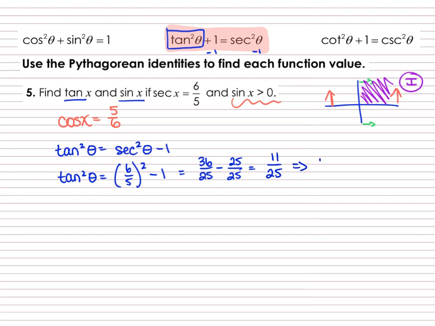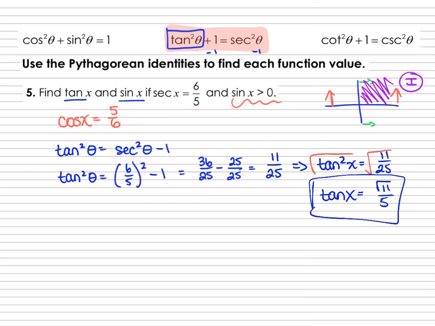So tangent squared of x equals 11 over 25. To solve for tangent, I'm going to take the square root of both sides, giving me that the tangent of x is equal to the square root of 11 over 5.